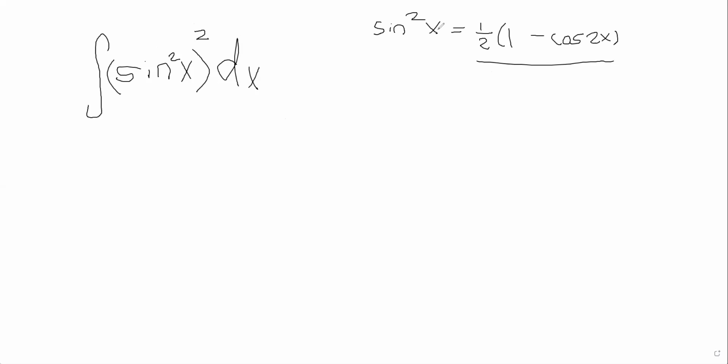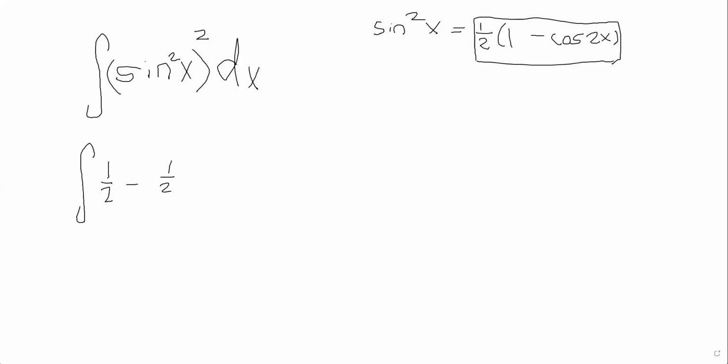And then from there, we're going to make the inside of the parentheses this expression, and I'm going to distribute. We're going to have 1/2 minus 1/2 cosine of 2x.